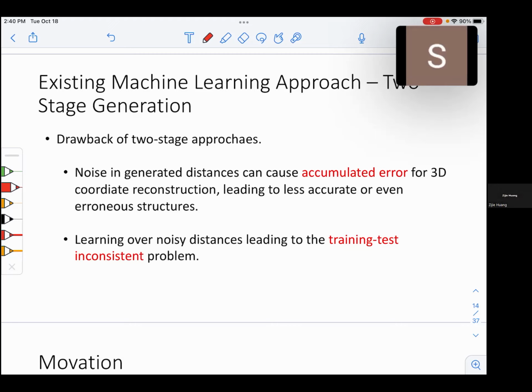Actually, for this post-processing procedure, for those works that I posted here, they have different strategies to adopt. Traditionally, in this molecular generation domain, there are some traditional mathematical algorithms that, given pairwise distances, can give you possible coordinates that satisfy the distance constraints.